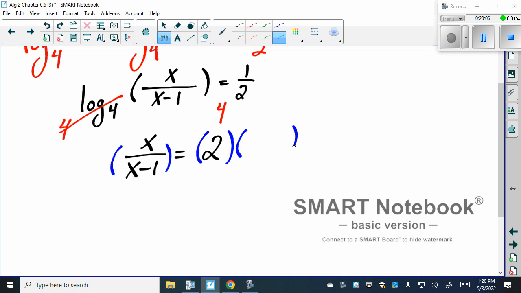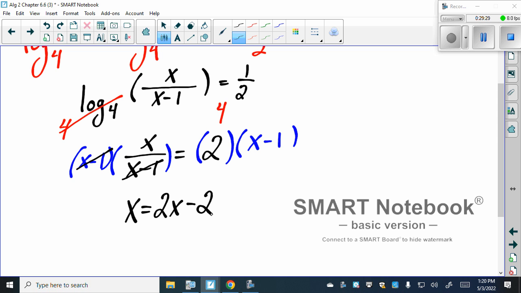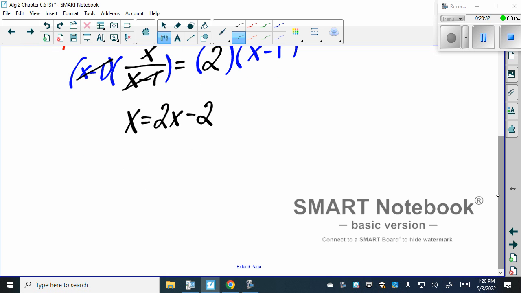We would multiply everything by x minus 1, because on the left-hand side, we would have x minus 1 over x minus 1. Anything divided by itself is 1. So these would cancel out, leaving us with x is equal to 2 times x minus 1, but we still need to get x by itself.